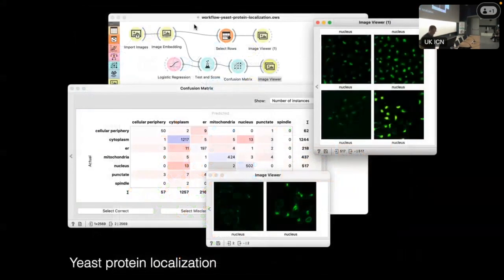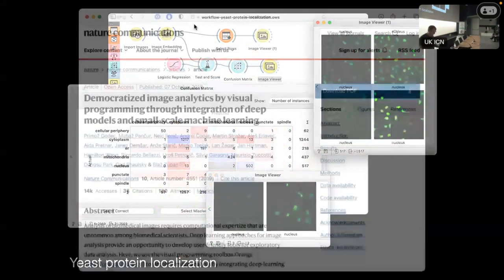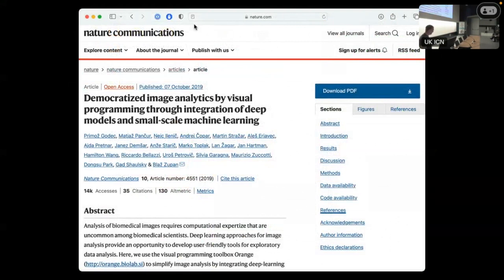I also had a colleague at that time who worked on yeast protein localization, where his student was working on the annotation of the images of the localization. And we figured out that in manual annotations there are certain mistakes, and we could easily discover them by using cross-validation and machine learning, so that the labeling was correct at the end. And we actually published a paper that we called Democratized Image Analytics.